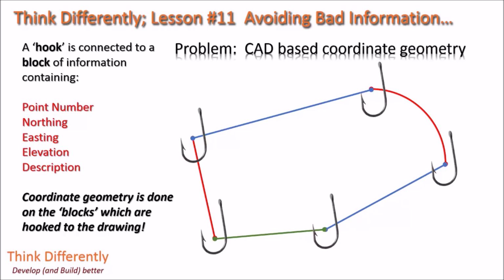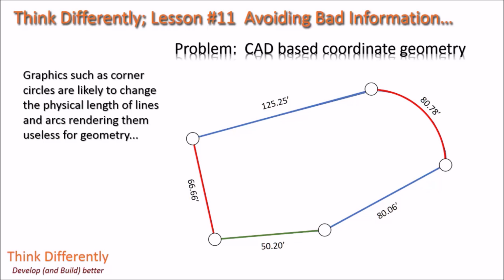Because not everything in CAD is coordinate geometry. And so things like dimensions, interactive dimensions, there's no interactive dimensions in CAD. They're all labels. Now there might be a mechanism say, well, this arc automatically calculates 80.78 along it, but what happens if you put corner circles and the line no longer goes through the arc?